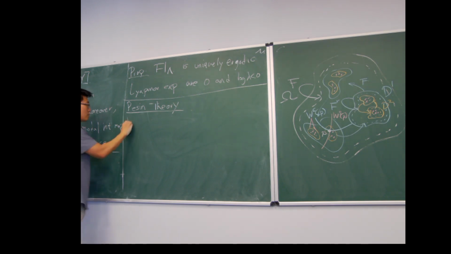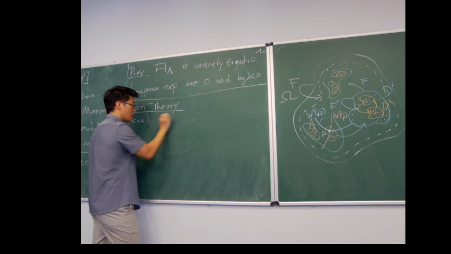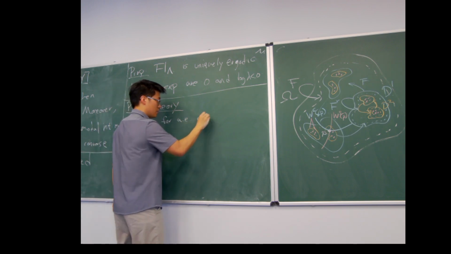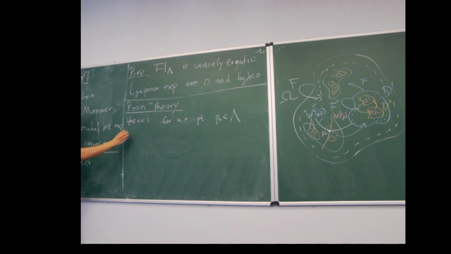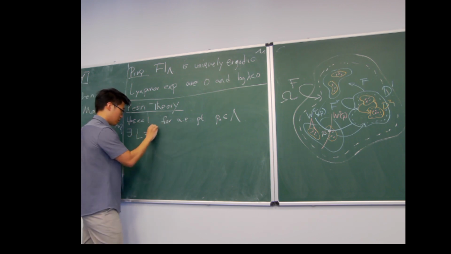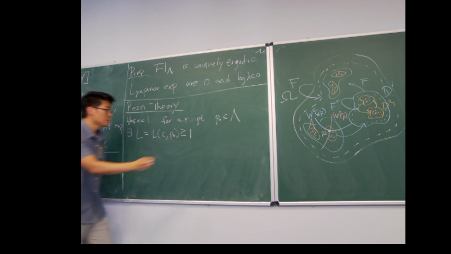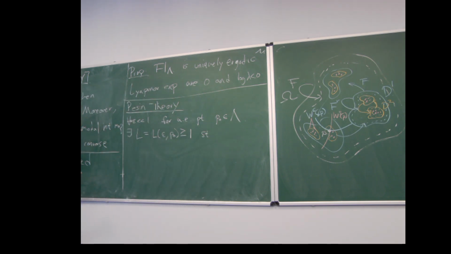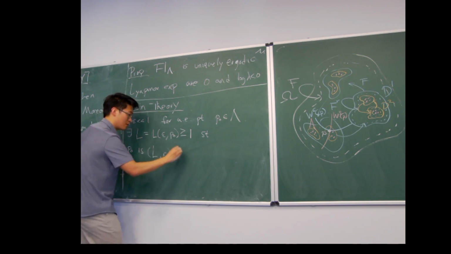If you pick any epsilon, really small and positive, then for almost every point, let me call it P naught, inside the odometer, there exists some constant L, which depends on epsilon and the point, and is bigger or equal to 1, such that P naught is L epsilon Pesin regular. I'm going to write this down, and then define it using a picture.